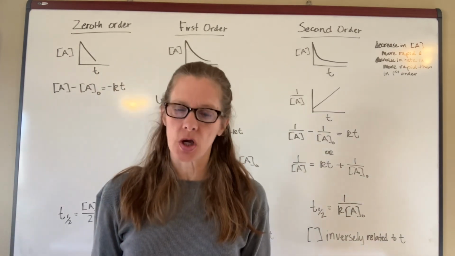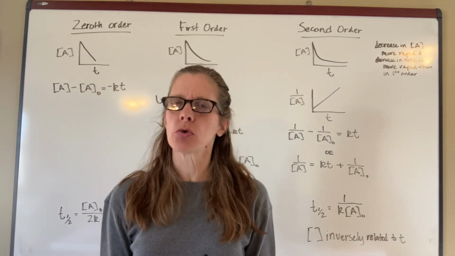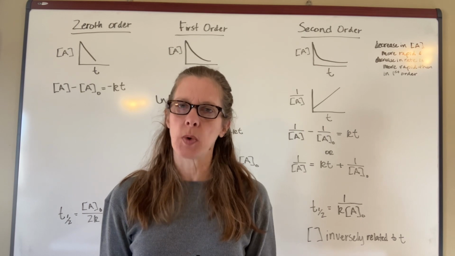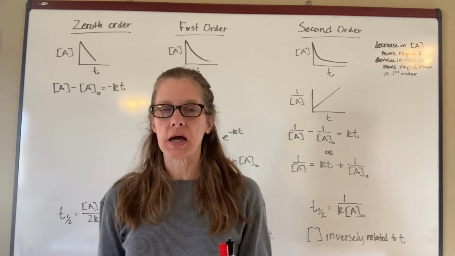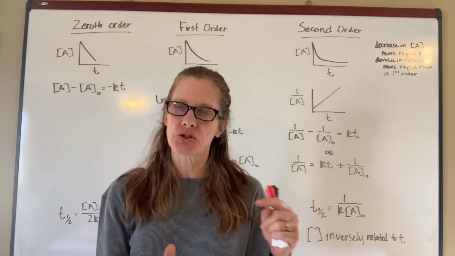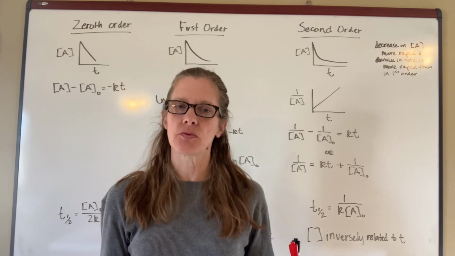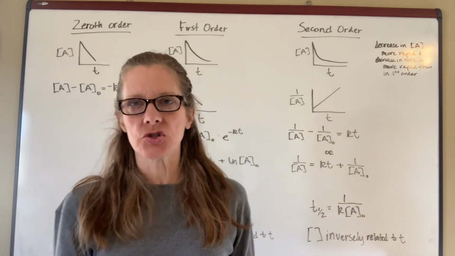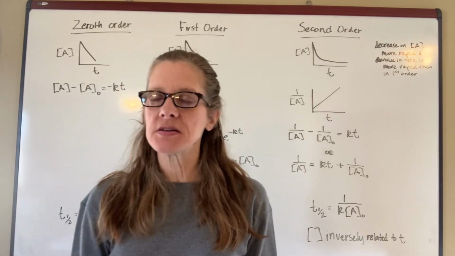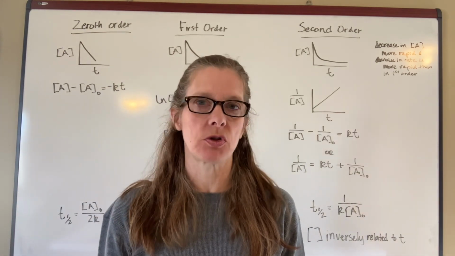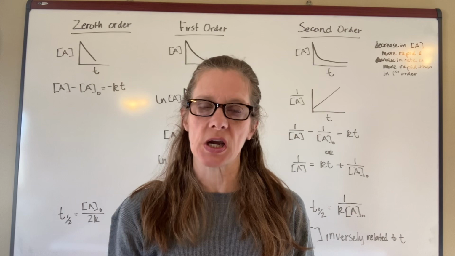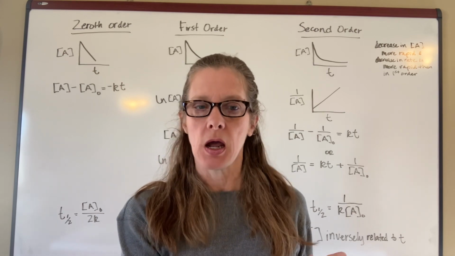We've already looked at a general graph of how, as a reaction proceeds, the concentration of reactants decreases over time. How that looks on a graph depends on the order of the reactant, whether it's zeroth order, first order, or second order, which you've already gotten some experience with.